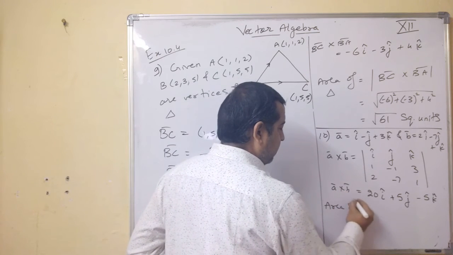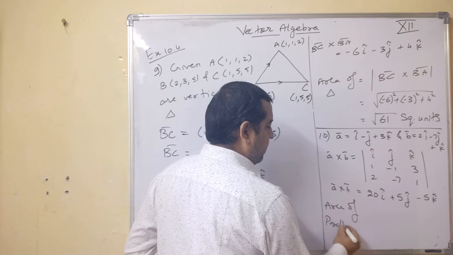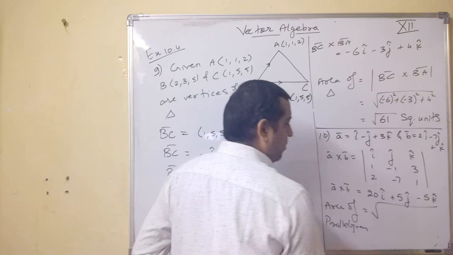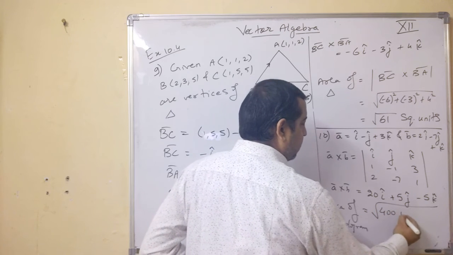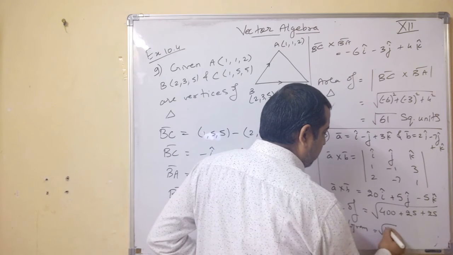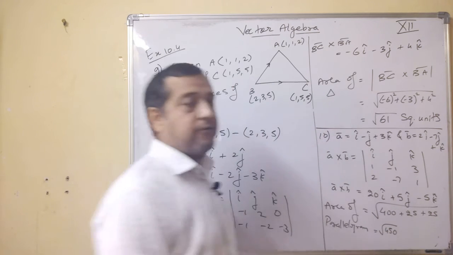Area of parallelogram is under root of 20 square, which is 400, plus 25 plus 25. This is nothing but under root of 450.